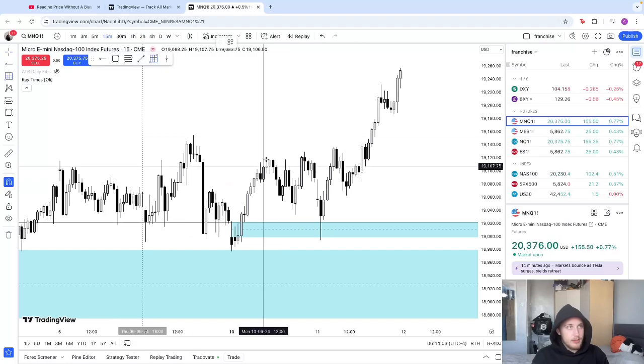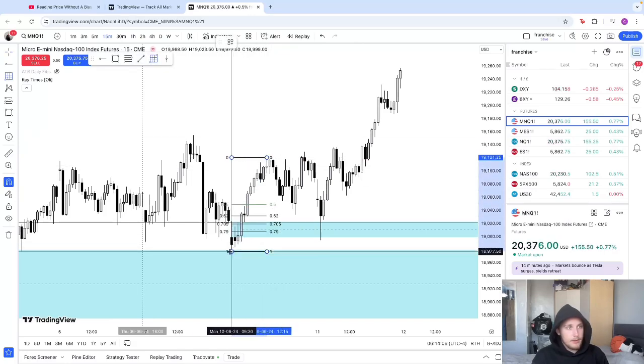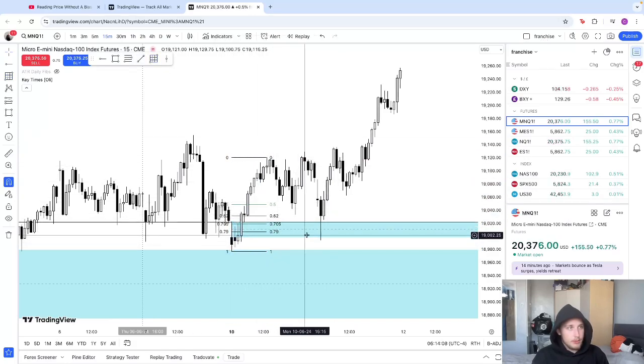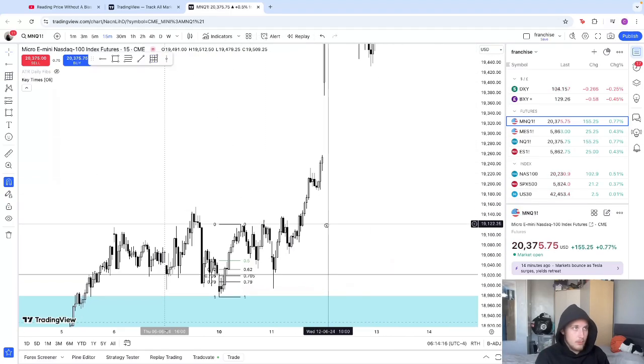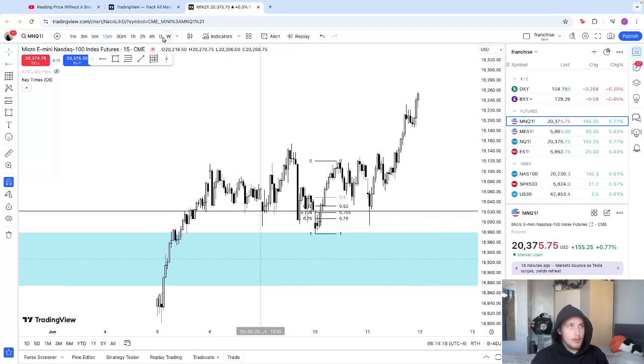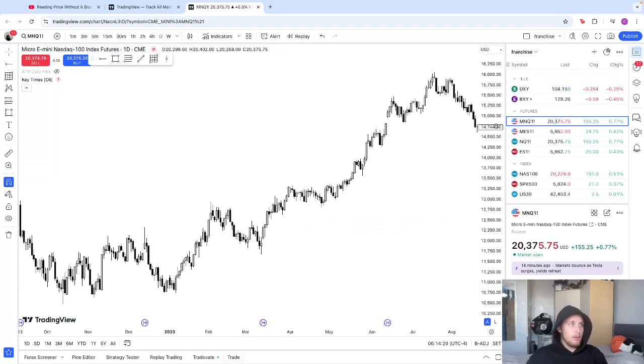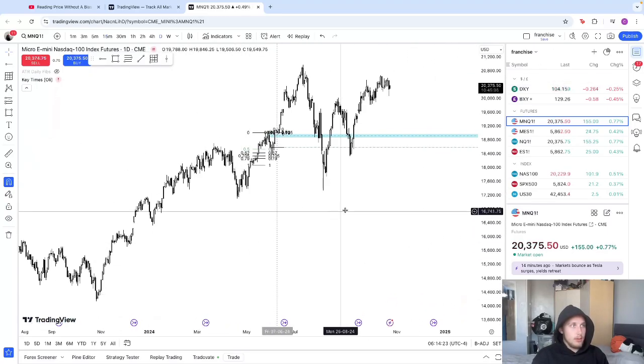We retrace into discount there to there. What do we tap? This order block and the body, and we send price higher. So yeah, that is my analysis of, well, what I've been studying.